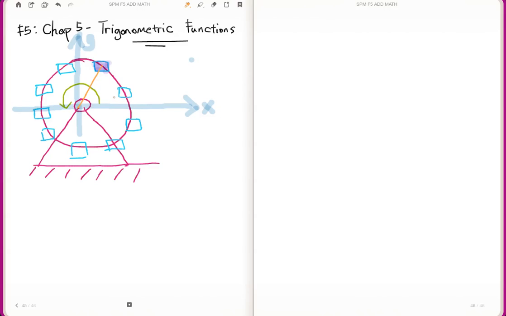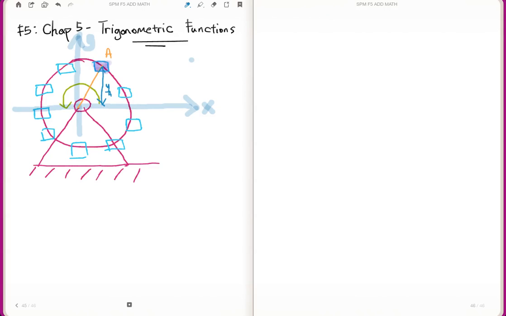How do we get the height of this cabin, say A? Its height will be from the origin to here. This is my y height.